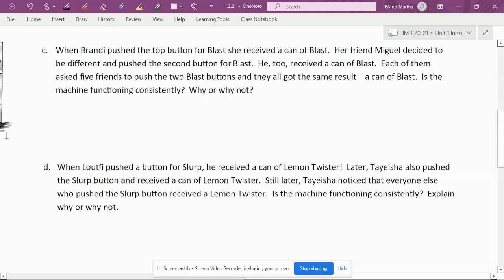In this case, we can say yes, because everybody who put the money in and pushed the button for Blast got a can of Blast.